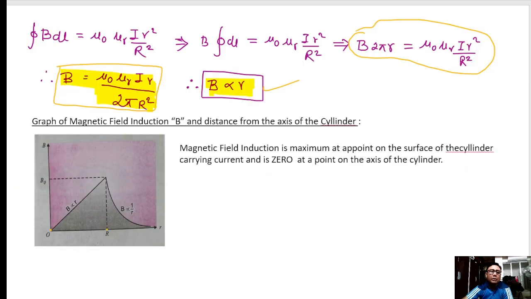That means if we plot it, we get this. This is outside the cylinder, this is inside the cylinder, and this is on the surface. This is how the magnetic field varies.